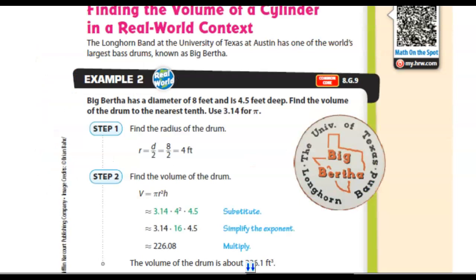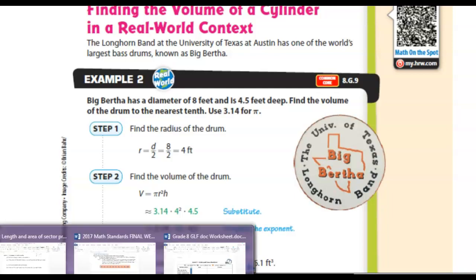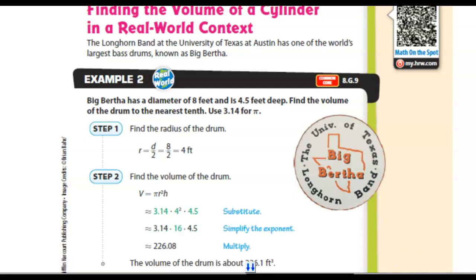All right. In a real-world context, it says the Longhorn Band at the University of Texas at Austin has one of the world's largest bass drums, known as Big Bertha. Big Bertha has a diameter of 8 feet and is 4.5 feet deep. Find the volume of the drum to the nearest tenth. Use 3.14 for pi.